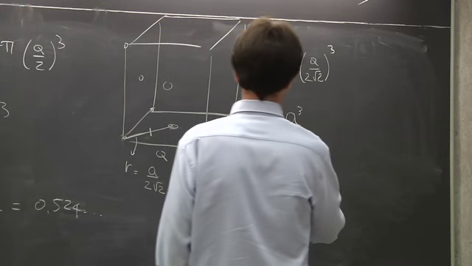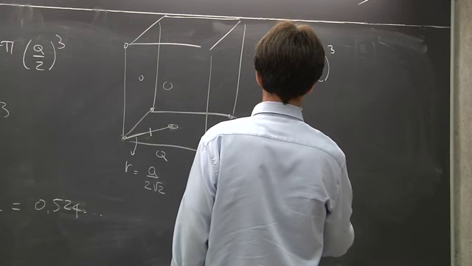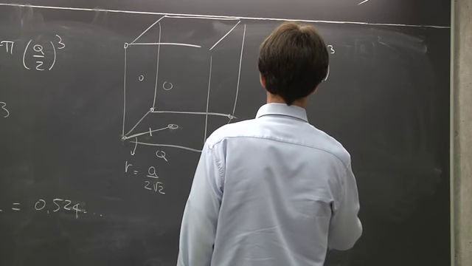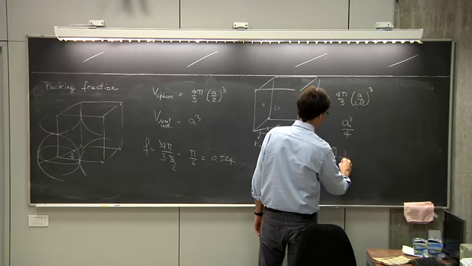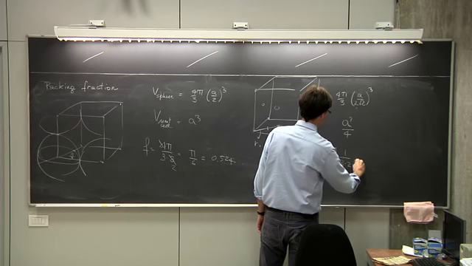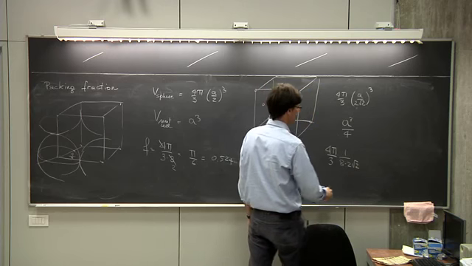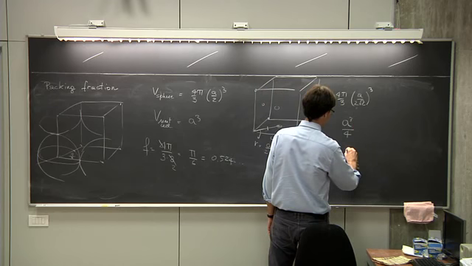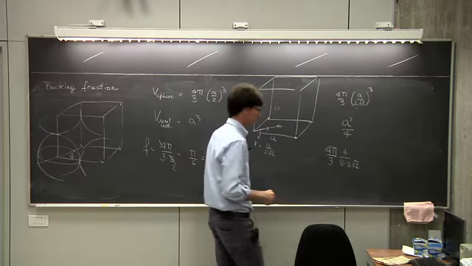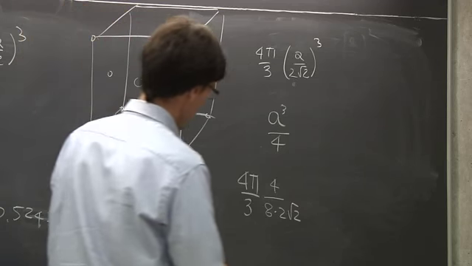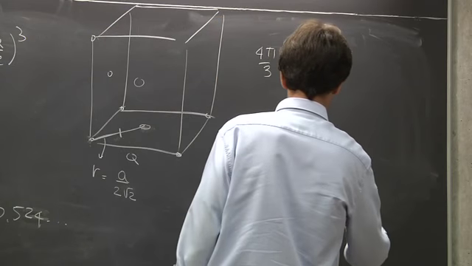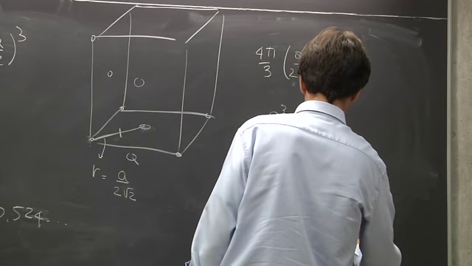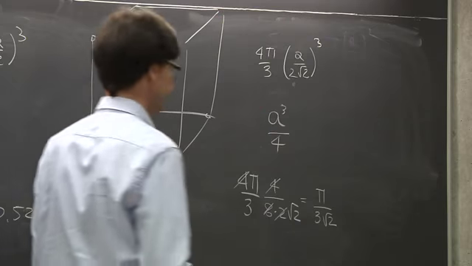So then the ratio: 4 pi over 3, 1 over 8 times 2 square root 2, divided by this, so times 4. This goes away. So it's pi over 3 square root 2.